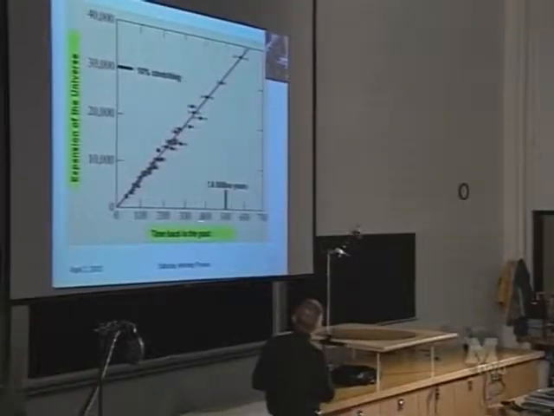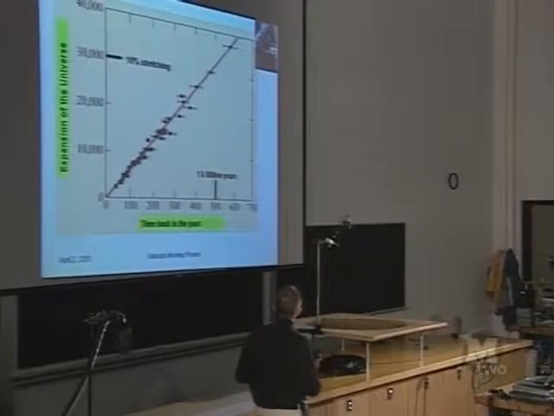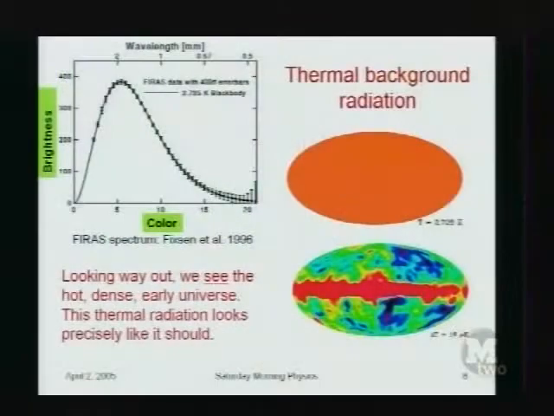And so if we look out at objects which have light that left them 1.6 billion years ago, what we will see is that that light has since that time stretched by 10% of its original length. When we look way out, at the most distant things we can see, what we see is the universe at the earliest time that we can see it. And at that very early time, the universe was hot and dense and uniform because it was much smaller than it is now.